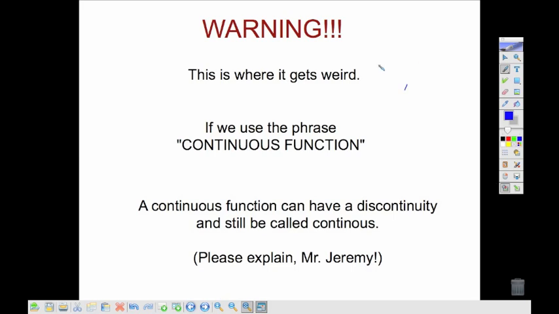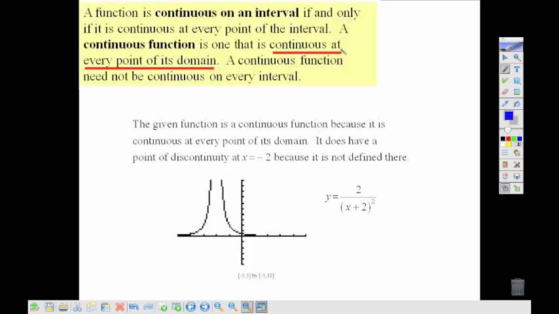Now this is where it gets a little bit weird. If we use the phrase continuous function, we might have a discontinuity in our function and still call it continuous. Huh? Well, what we're talking about when we define a continuous function is that it's continuous at every part of its domain.